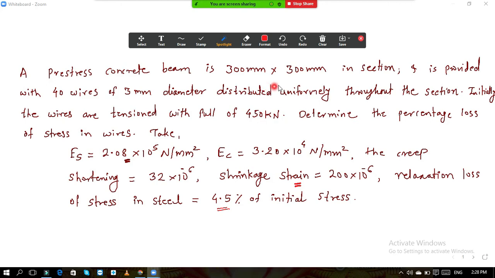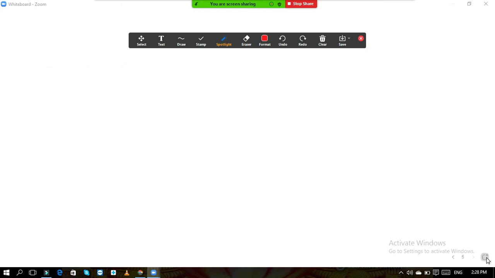So now after this, we will calculate the total loss. So the total loss is equal to, what is the total loss? It is 41.6.